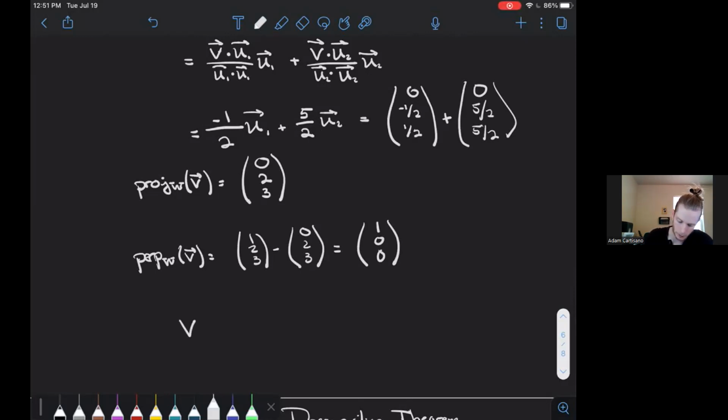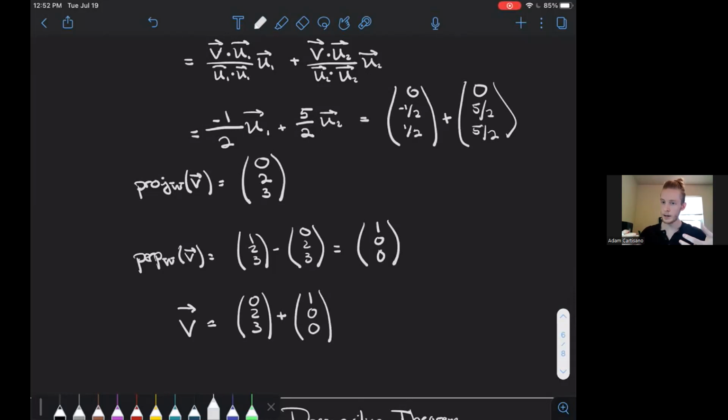As a bonus, I'm going to write the orthogonal decomposition of V, which we don't know what that is yet. I guess we do. Maybe. No, we haven't written it down yet. That's the next slide. Okay, that was a spoiler. V is precisely 0, 2, 3, the component coming from W, and 1, 0, 0, the component coming from W perp.